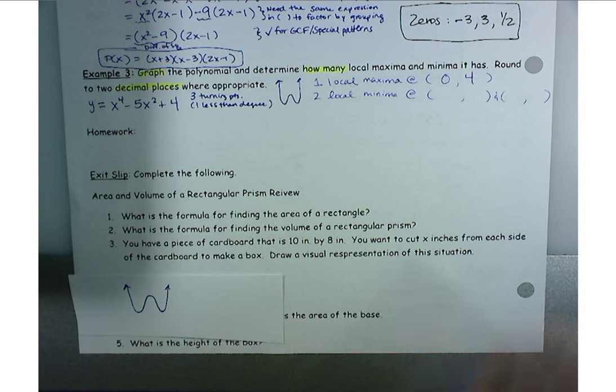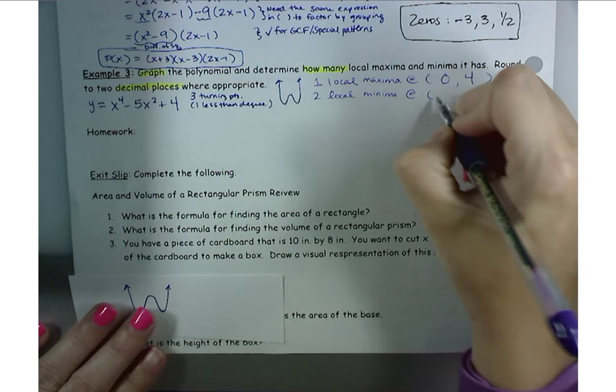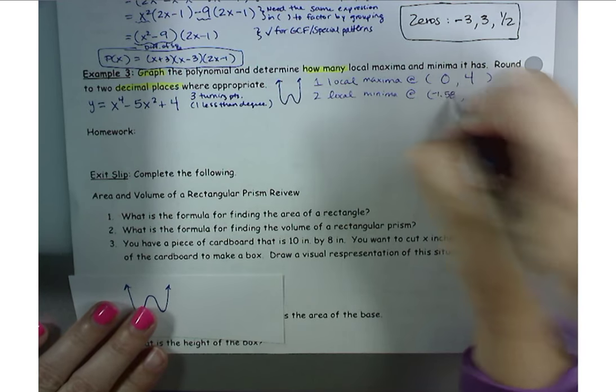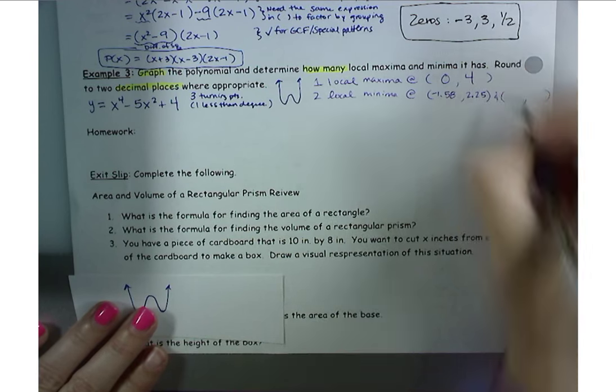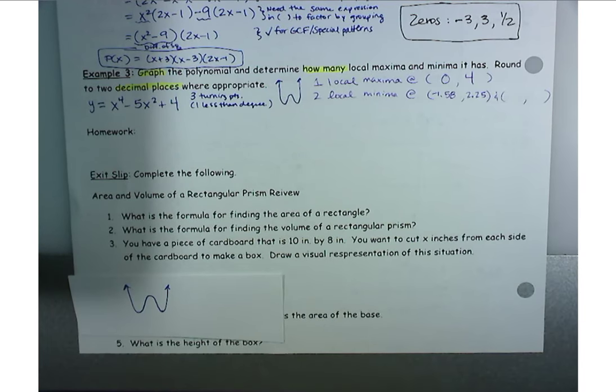Shawan, what was one of your minima? -1.58 and -2.25. Good. And then Carmen, did you find the other one? Oh yes, -1.26. No, 8.